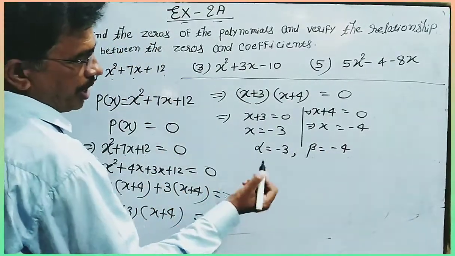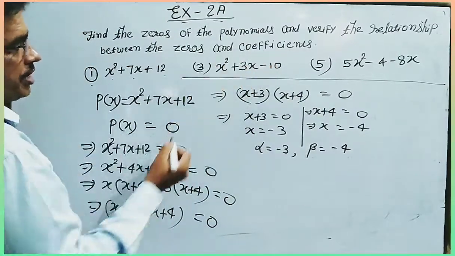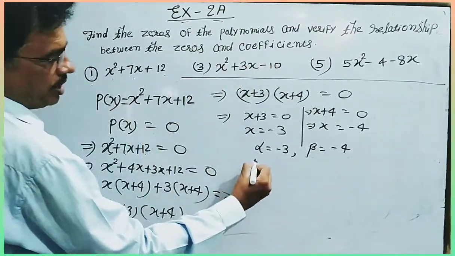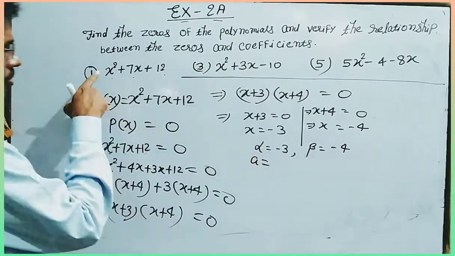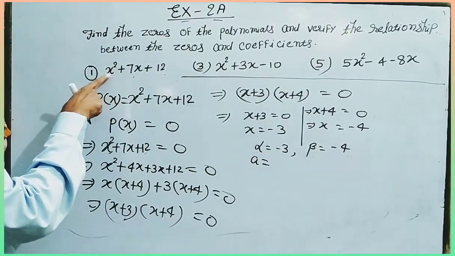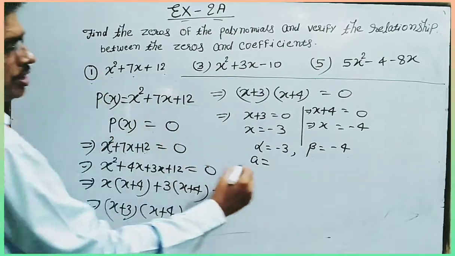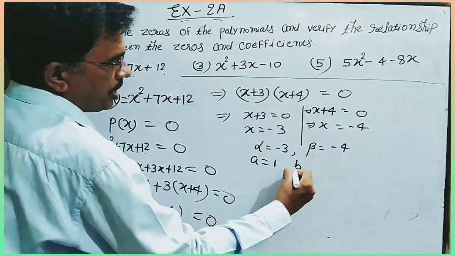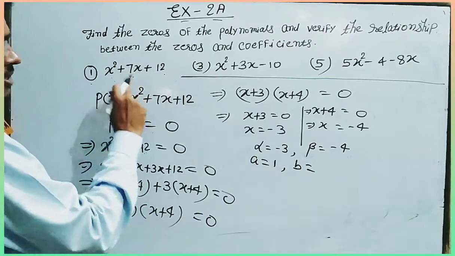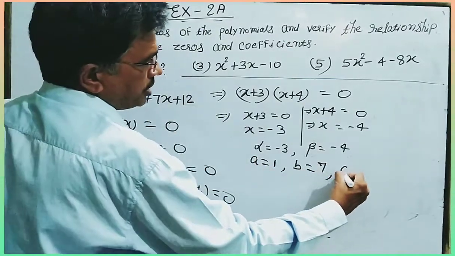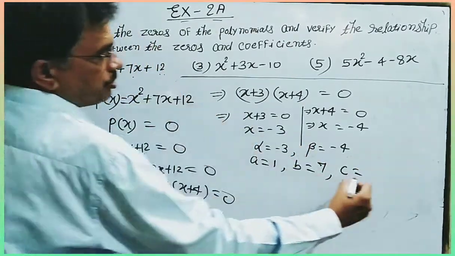Now find the relationship between their coefficients. So write the coefficients. What is the coefficient? a is equal to 1, because the coefficient of x square is called a, and here no number is present, that is 1. So write here 1. b is equal to the coefficient of x, that is 7. And c is equal to the constant term, that is 12.